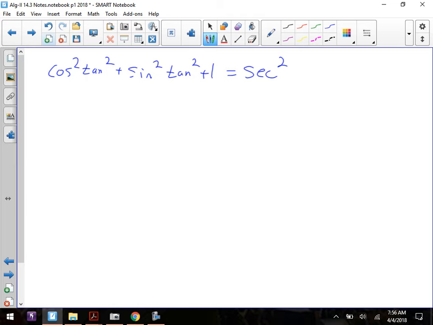If you look at the first two parts, you've got cosine squared tangent squared plus sine squared tangent squared, then there's a plus 1. Between these first two pieces, I can take the tangent squared out. And then I have cosine squared plus sine squared. I didn't take anything out of the 1, so I just leave it there. What's cosine squared plus sine squared? 1.